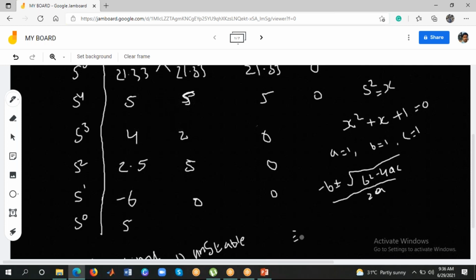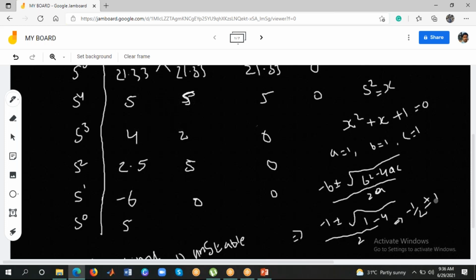So if you substitute all the terms, minus 1 plus or minus square root of 1 minus 4, divided by 2. Now I can write this as minus 1 by 2 plus or minus. So here root minus 3 is there, right?